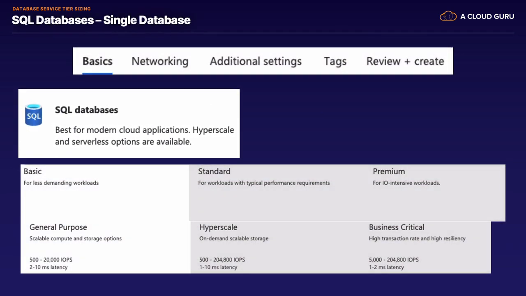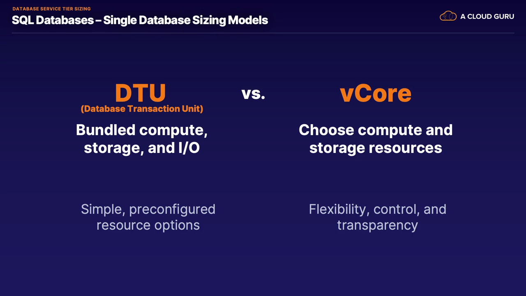For SQL databases, when you select a single database, you are going to have 6 different options to choose from, 3 of which are going to be the database transaction unit model, and the other 3 are going to be the virtual core model. The question becomes, do you pick the DTU or database transaction unit model or the virtual core model?